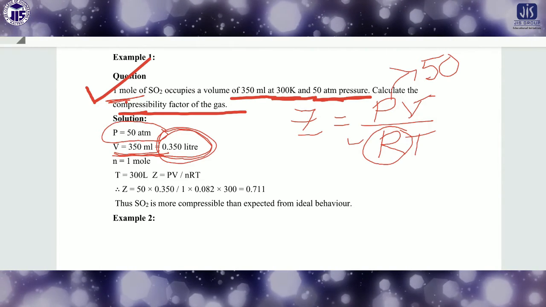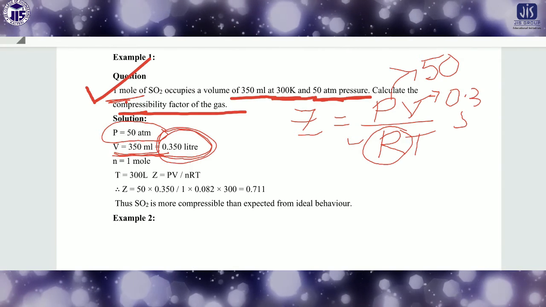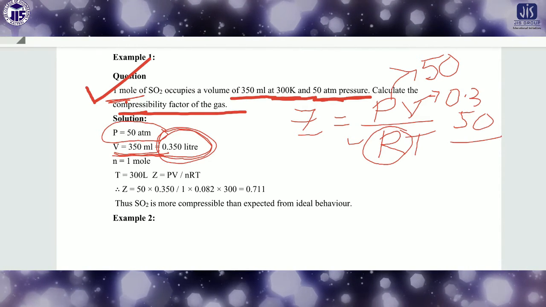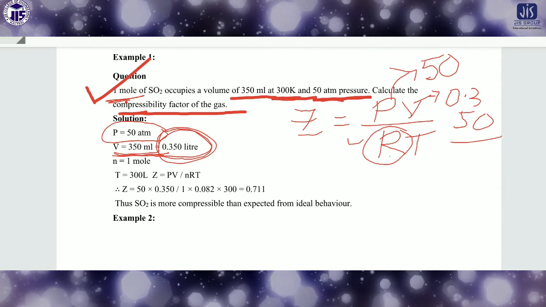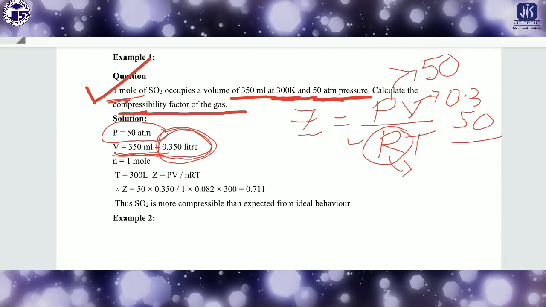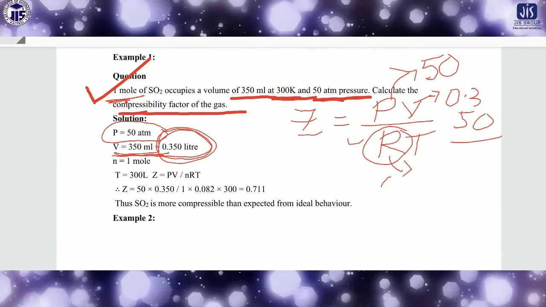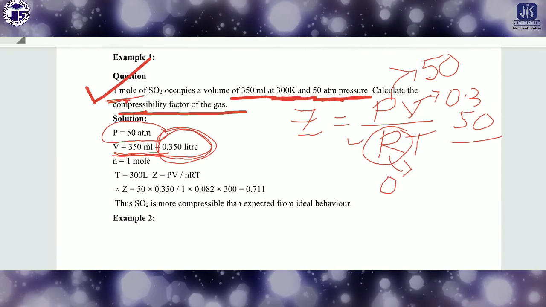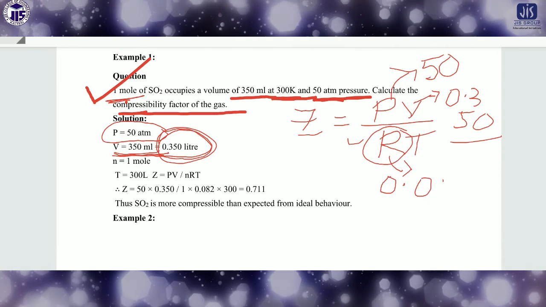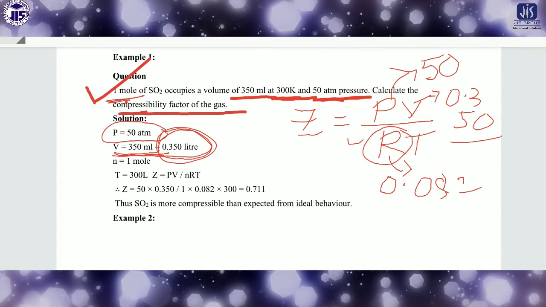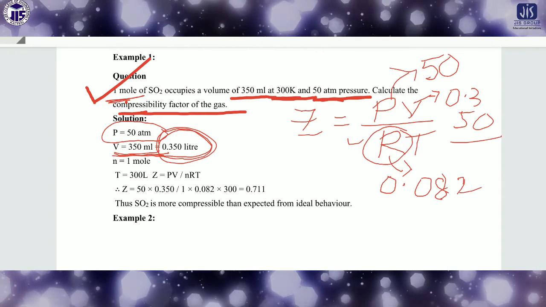So V will be 0.350. For n equal to 1, R is the universal gas constant, so it will be 0.082 liter atmosphere Kelvin inverse mole inverse.